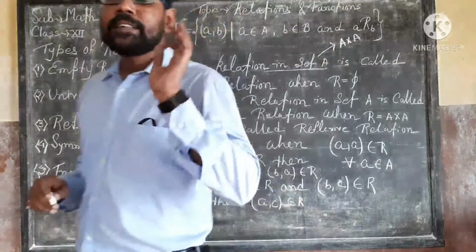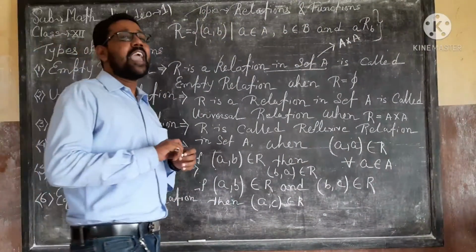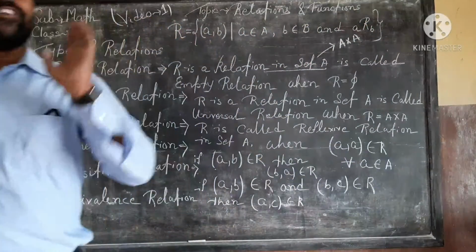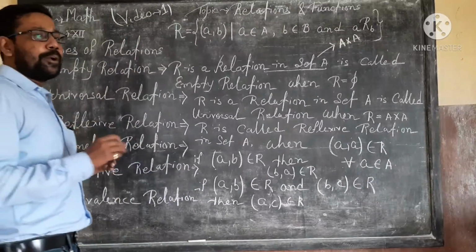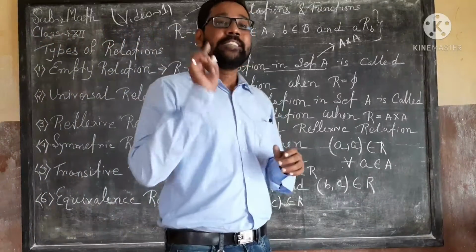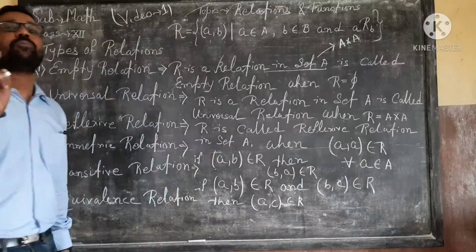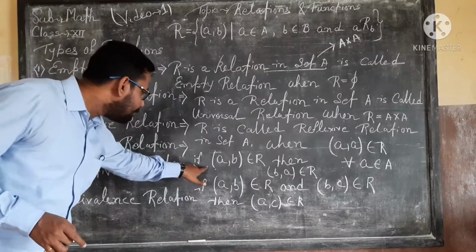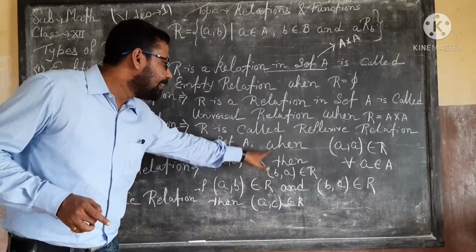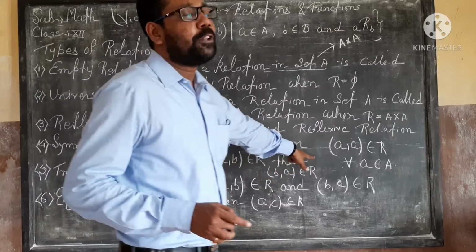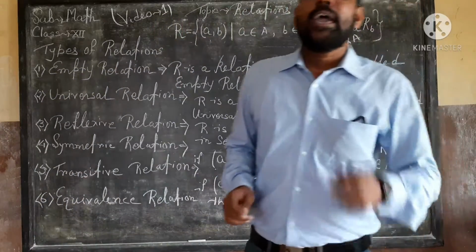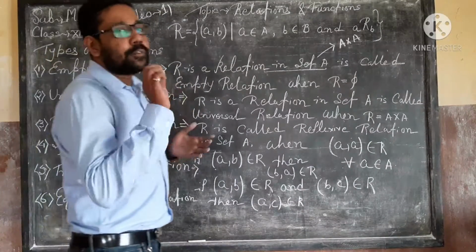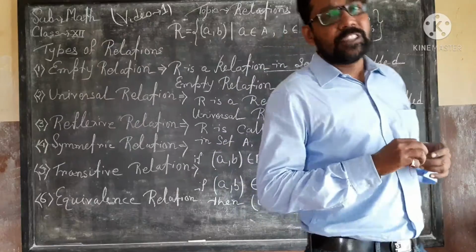R is called a symmetric relation in set A if, considering an ordered pair (a, b), when (a, b) belongs to R, then (b, a) also belongs to R. So remember this condition: if (a, b) belongs to R, then (b, a) also belongs to R. Any relation that satisfies this condition is called a symmetric relation.